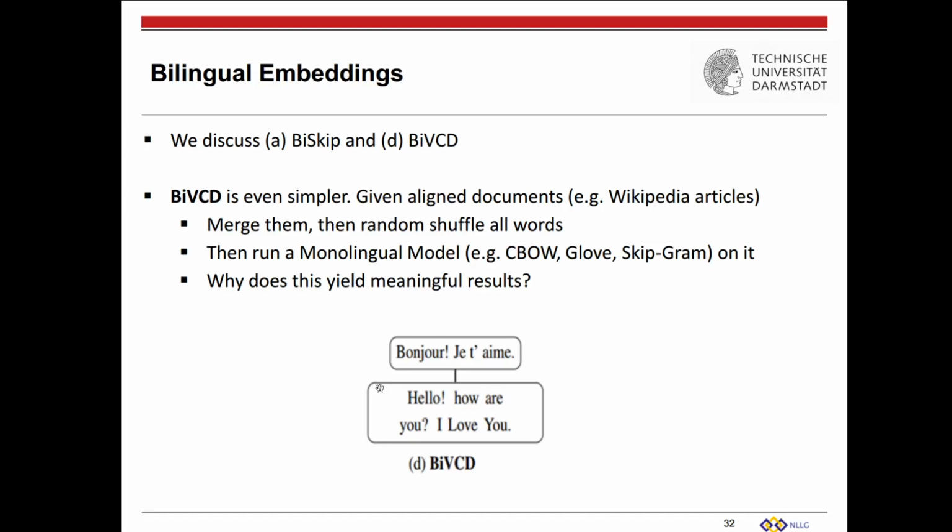The answer is yes, it does give meaningful results if the articles are comparable, right? If they are comparable in length, in general, and if they are similar articles. Let's take a simple case where the articles are translations of each other, like sentences that are translations of each other, that's what we call parallel sentences.